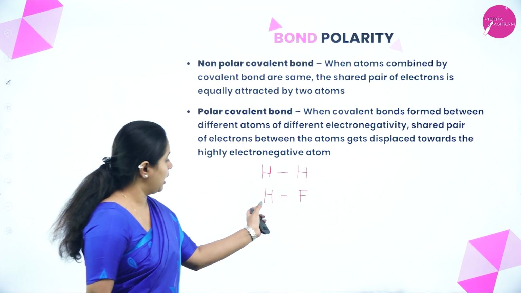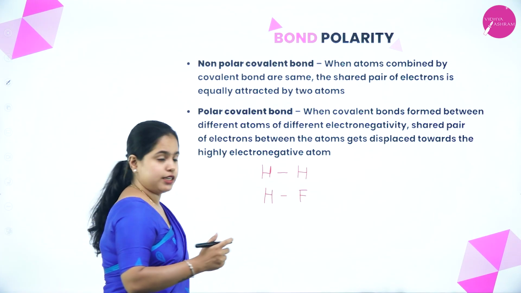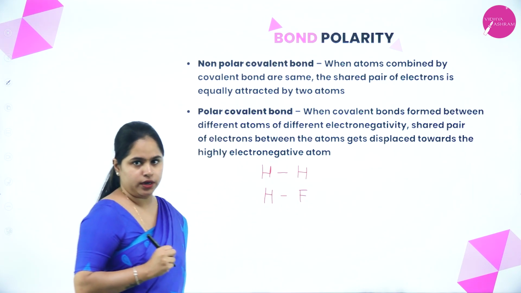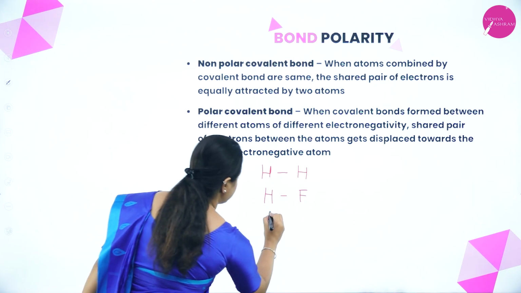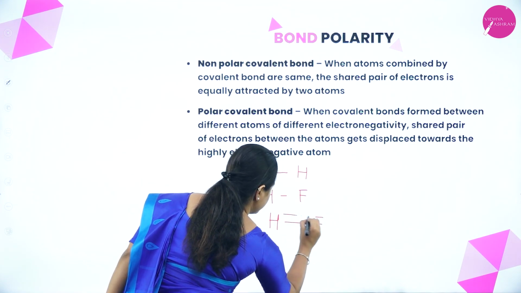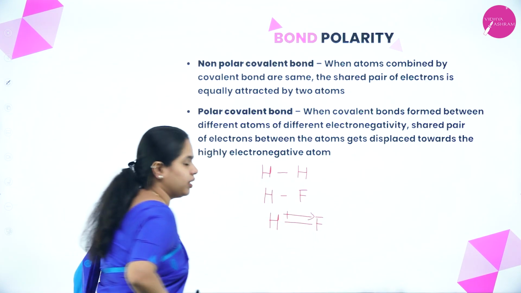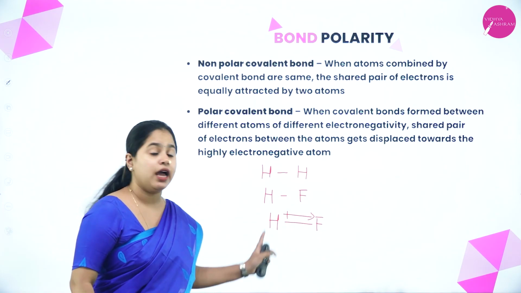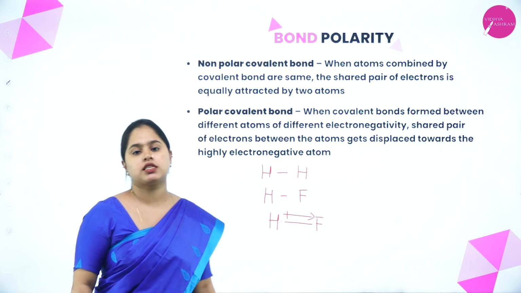So this shared pair of electrons will be attracted more towards the fluorine. You can represent it as H and F with the bond, and the shared pair of electrons has an attraction towards fluorine.